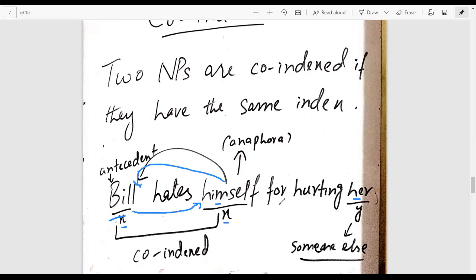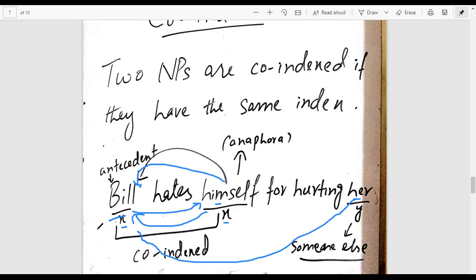So let's move next. Bill hates himself for hurting her. Is this her referring to Bill? No, it is not. Is this himself referring to Bill? Yes, this himself is referring to Bill. So that's why we can say that both NPs are co-indexed.